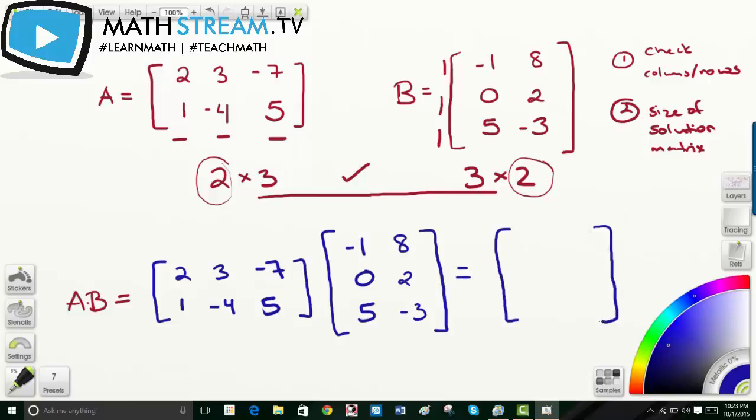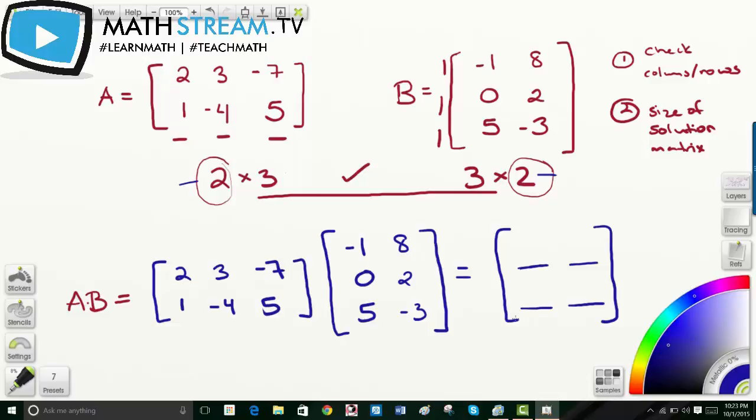I know that this is going to be a 2 by 2 matrix because I'm using the leftover numbers, the outside numbers of our dimensions. So this number and this number. That's how I know what the size is going to be, 2 by 2.